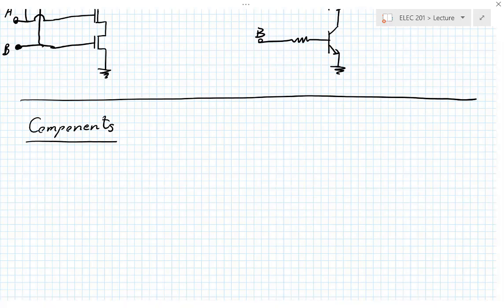What would you say is the most important component in a circuit? A wire. Yeah, absolutely. Now you might say a wire is a form of resistor with 0 resistance. But really, yeah, a wire.